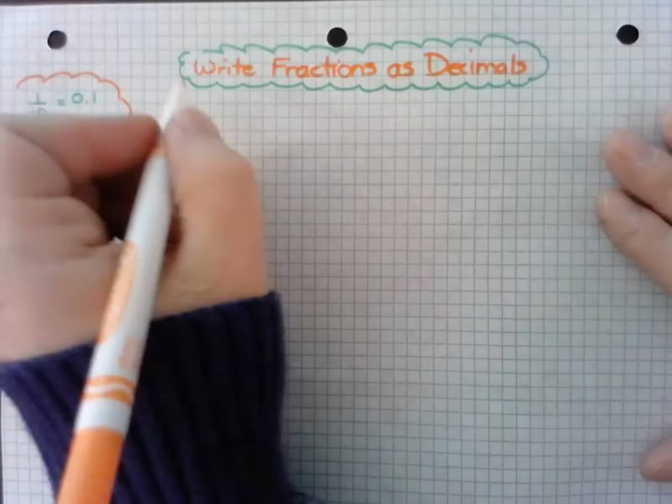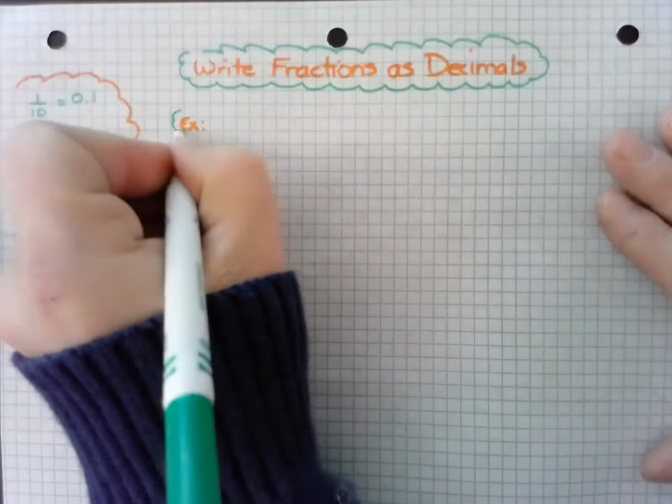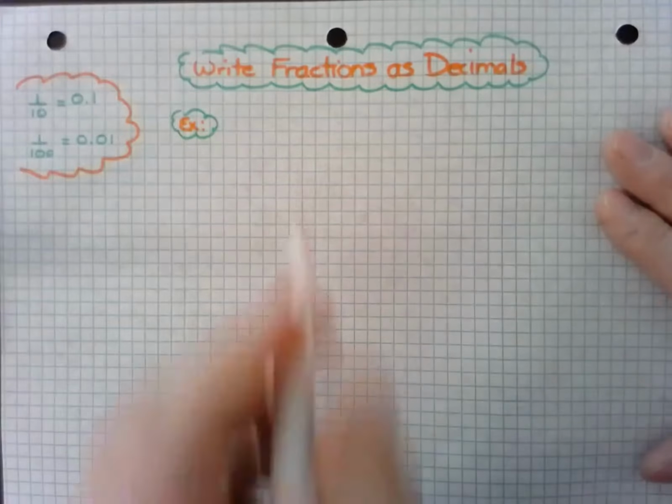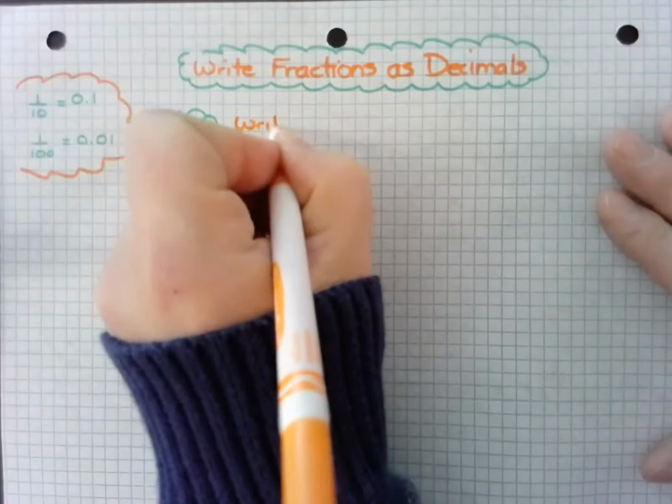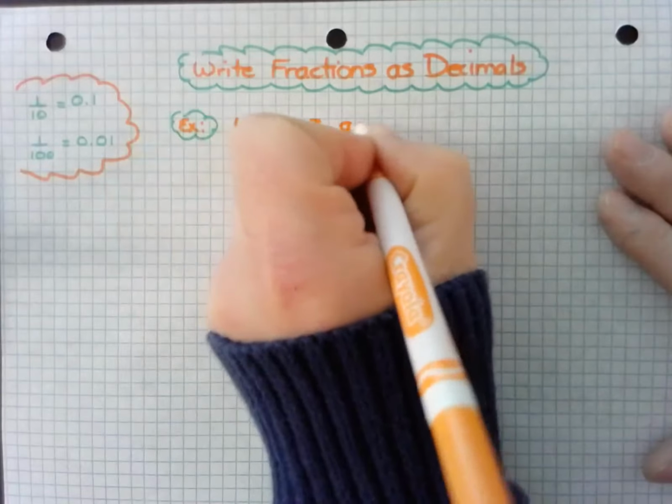So our first example asks us to write 2/5 as a decimal.